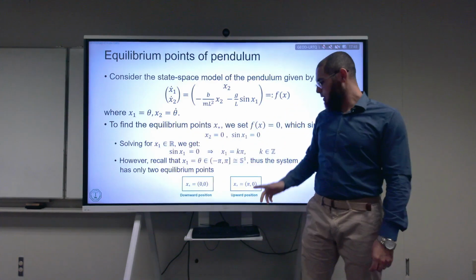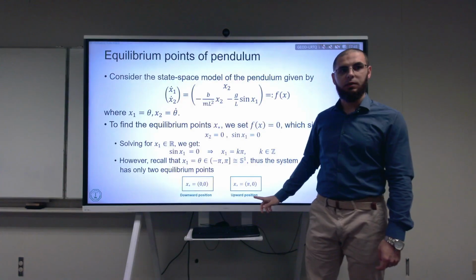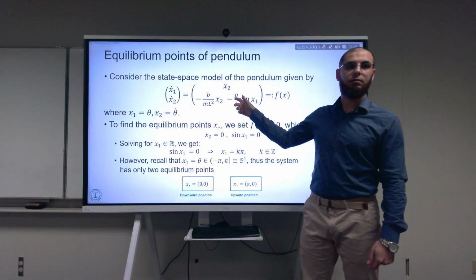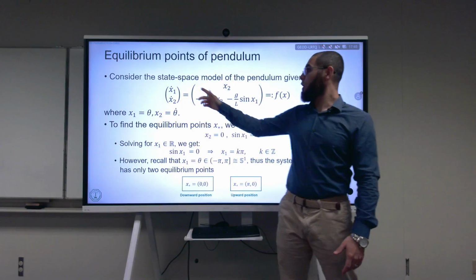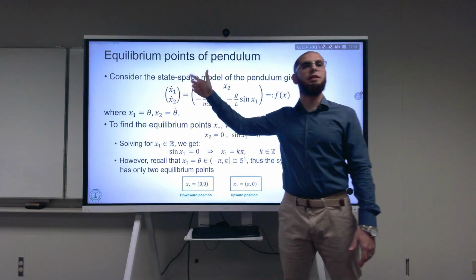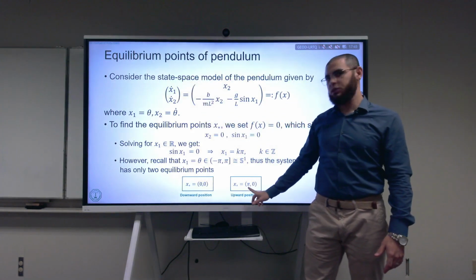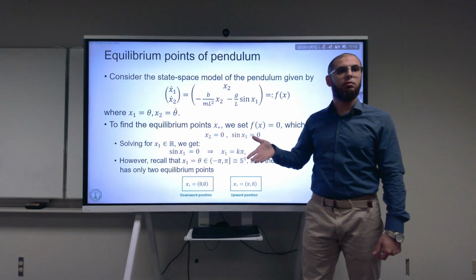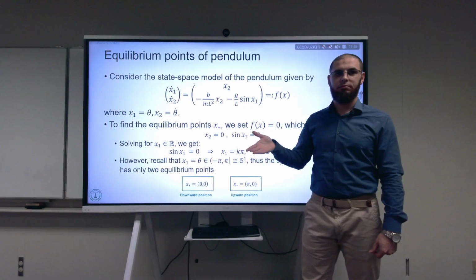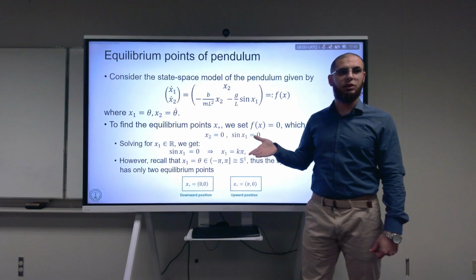Another example. Plug in the pi and the 0 in this equation. What do you get? Also 0 and 0, by construction. So integrate x1 dot equal to 0 given the initial condition pi. What do you get? What's the initial condition? Pi.